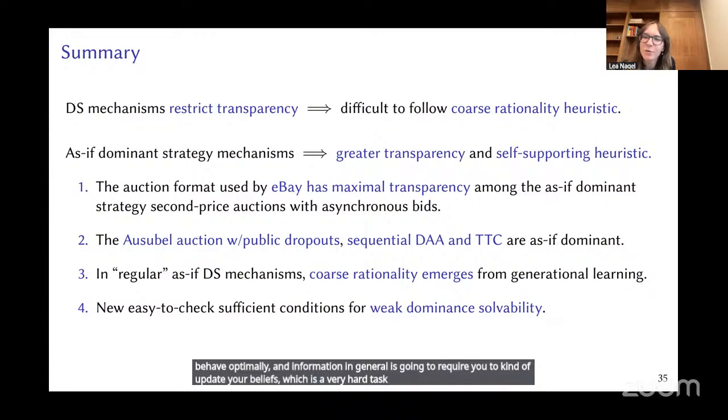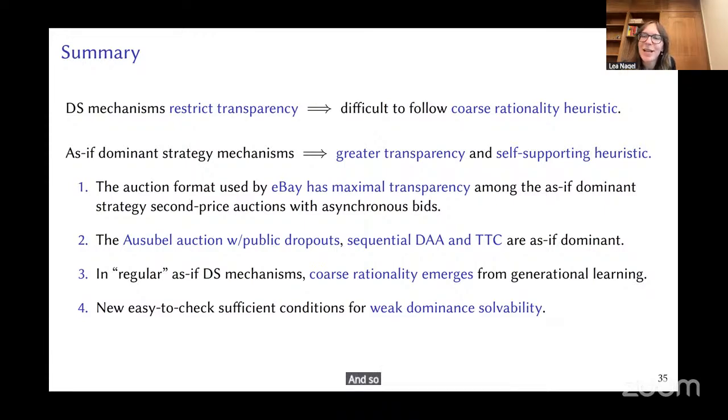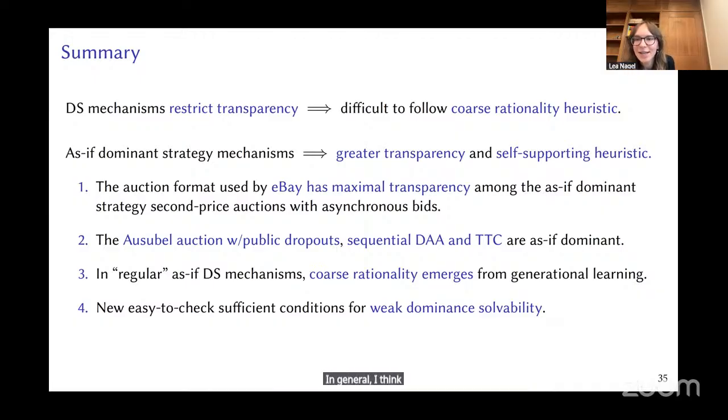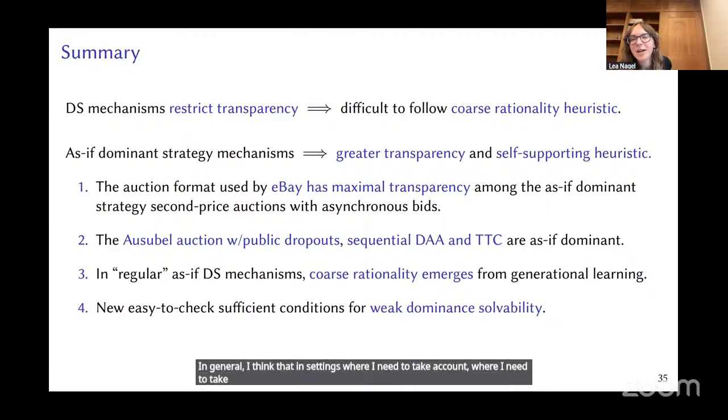We know that that's difficult for people to do. And so it is less clear to me that people are going to make fewer mistakes in settings where information requires them to update their beliefs, because we know that people do this in biased ways. In general, in settings where I need to take account of people's beliefs, the conclusion might not be as straightforward, and the kinds of information that we want to reveal might look very different.